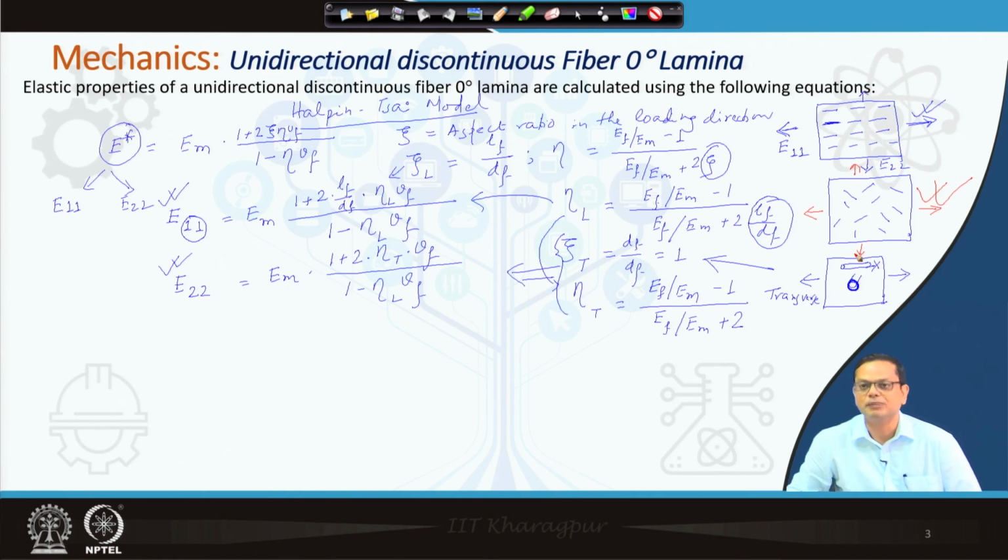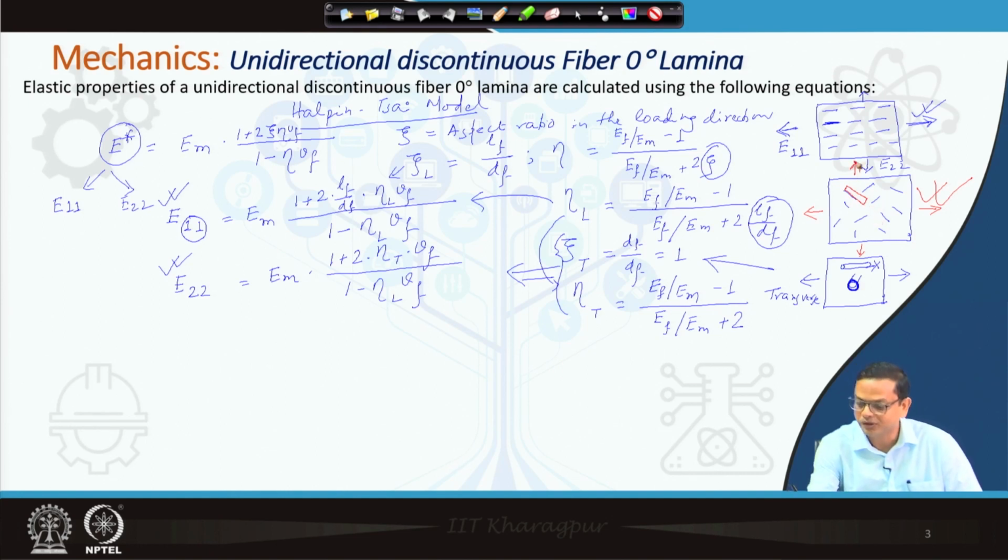So, the modulus would be a combination of E11 and E22 values in this case, because each fiber, you can consider this particular fiber, will be contributing to E11 as well as E22 because of its alignment in a particular fashion. It is not aligned towards the longitudinal direction, nor towards the transverse direction.